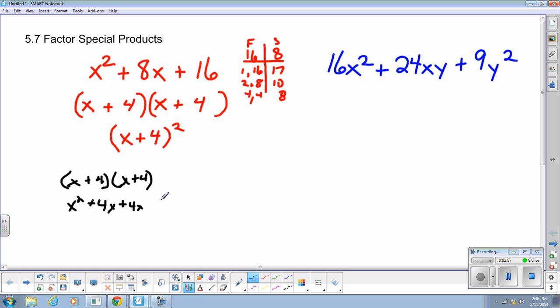And 4 times 4 is 16. Now, the middle term is 8x. Where does it come from? It comes from the 4x plus 4x.